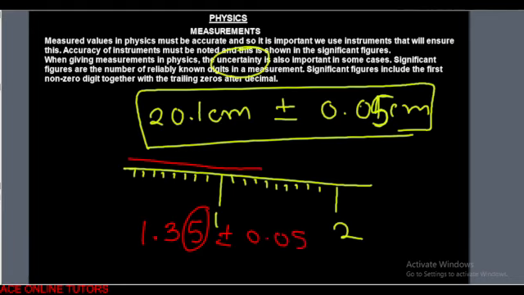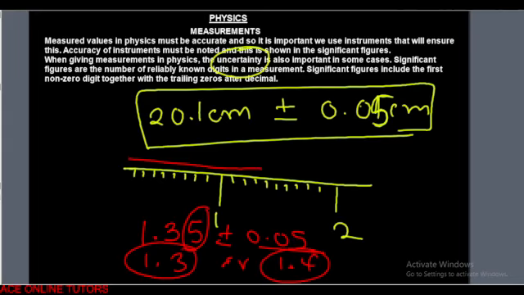That means the value might be less than what you are recording, so it can be 1.3 if you remove this 0.05, or it can be 1.4 if you add this 0.05. The value is just between 1.3 and 1.4, but you are not sure what the actual value is. But you are sure of the 1 and you are sure of this 3.